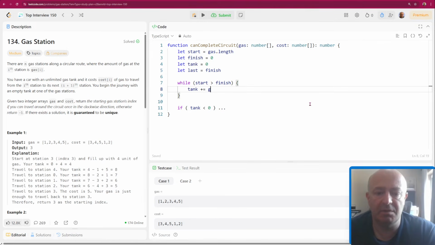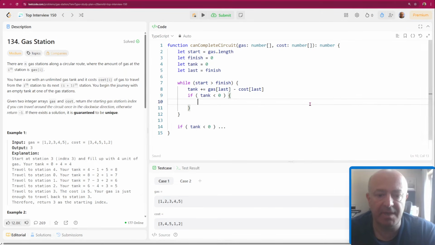So this would be gas last minus cost last, right? So we've updated tank. Now we need to check if tank is negative.